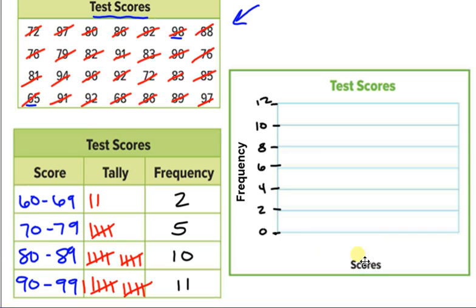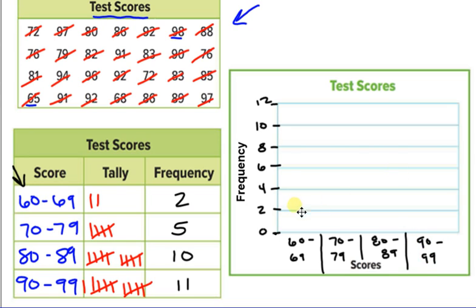Now on the bottom we have to do our intervals, and that is what we came up with here. So we're going to have 60 to 69. We're going to have 70 to 79. We have 80 to 89. And we have 90 to 99. And then we have to make our histogram.